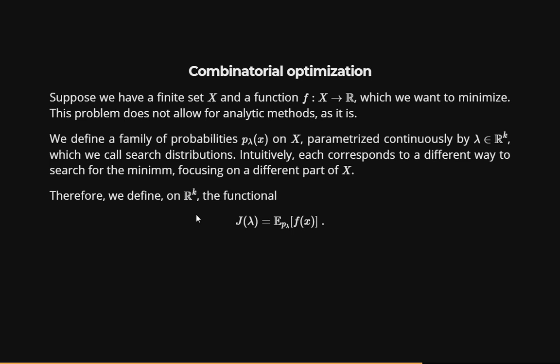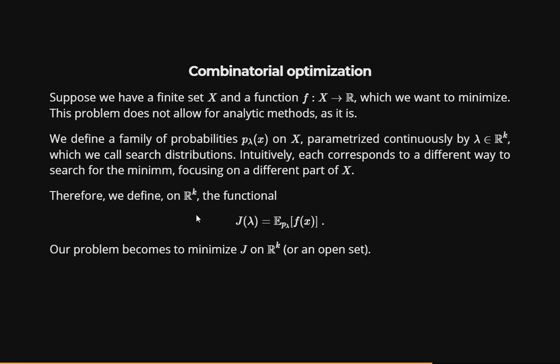Well, it is the minimum of the expected value of f of X with respect to p with lambda. If you find the minimum of this functional, which is a functional now on Rk, which is a statistical manifold, you find the minimum of f. Intuitively, I hope it's clear, but you can also prove it, and it's not that difficult.